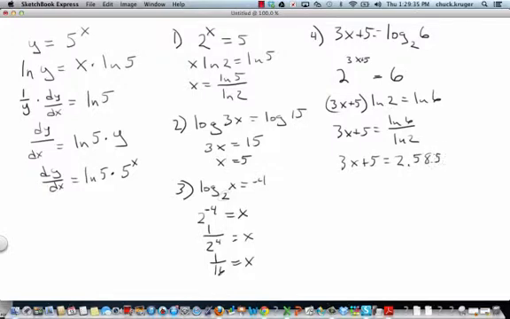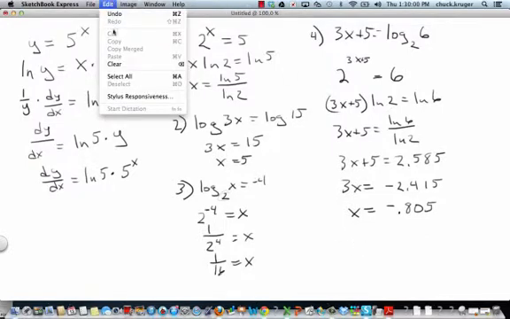I believe that's what I had. That means 3x is approximately equal to negative 2.415. And if I divide both sides by 3, I'll get negative 0.805. And that's approximately what my answer is. Okay, I'm going to clear the screen.